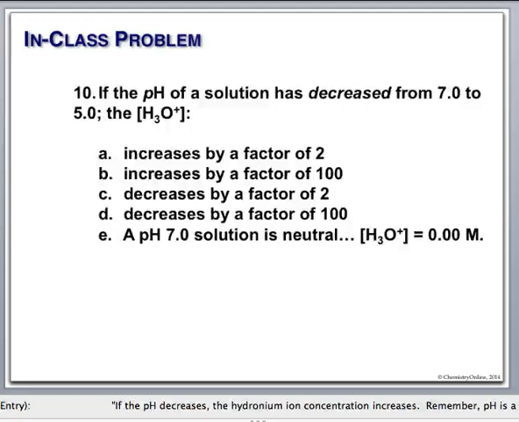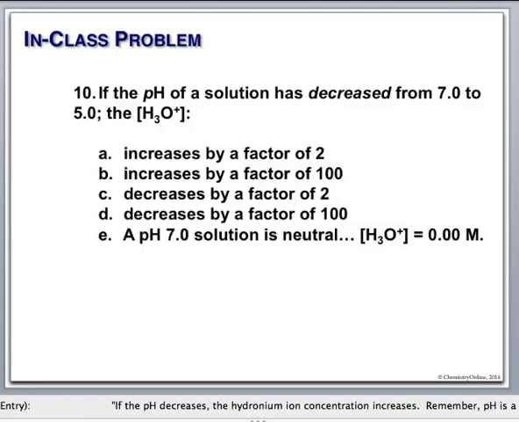You need to know that. Our pH is decreasing from 7 to 5. If the pH goes down, what happens to hydronium? It goes up. Remember, if the pH is lower than 7, it's acidic. If it's over 7, it's basic. So here we're becoming more acidic.